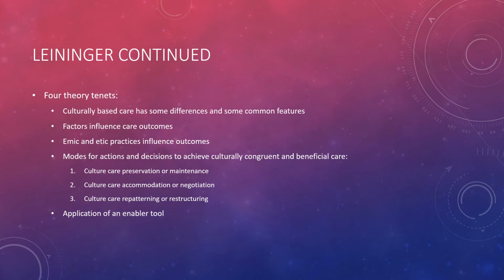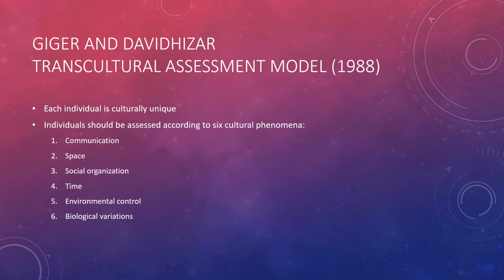Those kinds of things are the way to think this through. So Leininger kind of started the conversation on culture care, on culturally sensitive or culturally competent care, and set the stage for the next of these models.